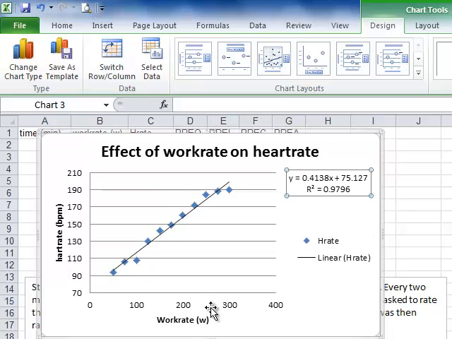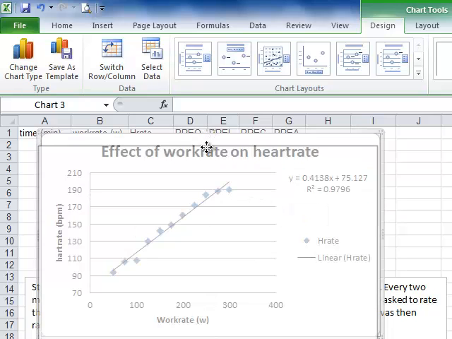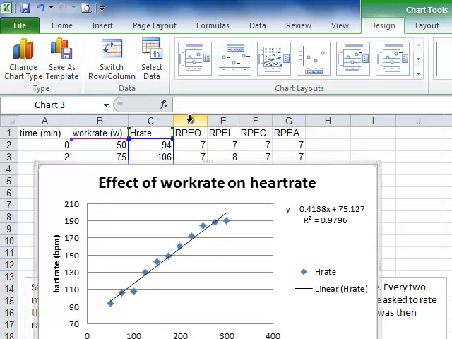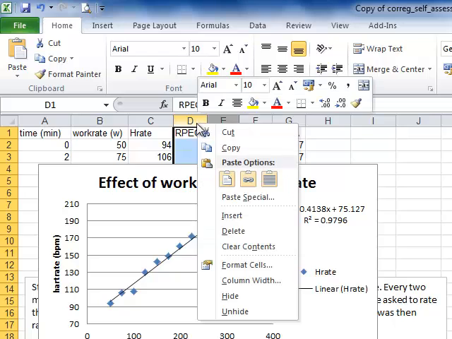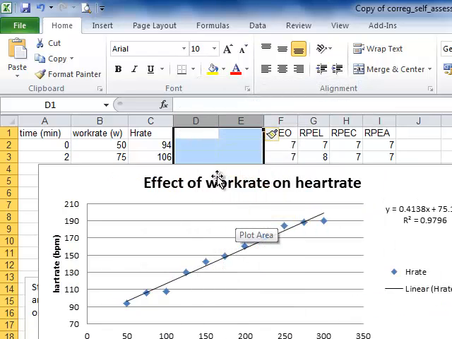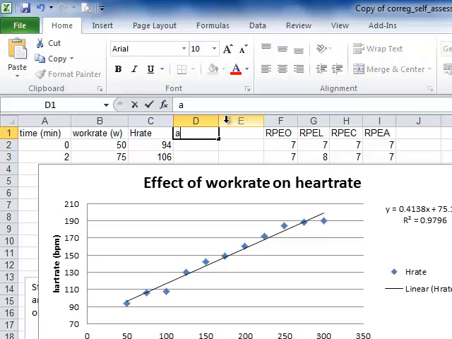And the way that we improve on this is by getting rid of the non-fitting points. And the way to do this is I'm going to insert a couple of columns in the data here. So insert. I'm going to label up a column aberrant points.